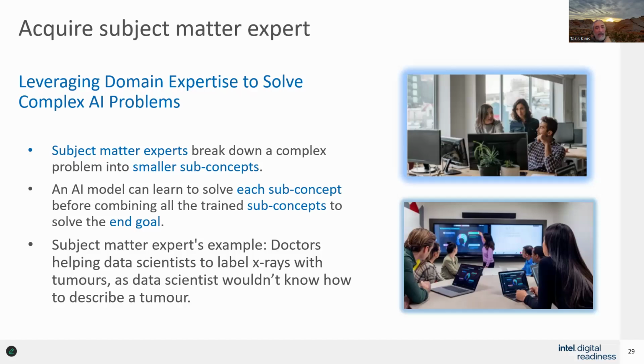The other thing that we're talking about here is leveraging domain expertise to solve complex AI problems. So once again, we go back to people who know what they're talking about. For example, if I want to use AI to solve a cybersecurity problem, and this is something that's happening now, Gateway has these smart self-learning firewalls.